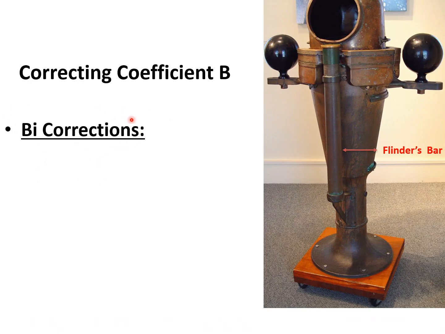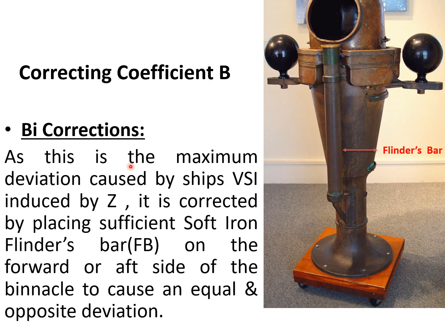The correcting of the coefficient B, which is due to induced magnetism, right? So as B induced is the maximum deviation caused by the ship's VSI induced by jet, it is corrected by placing sufficient soft iron bar, which we call Flinders bar, on the forward or above side of the binnacle to cause an equal and opposite deviation, right? So if you see the compass binnacle, you'll see this type of Flinders bar, right?